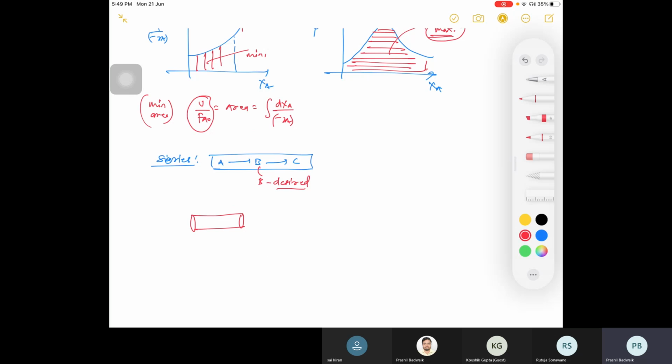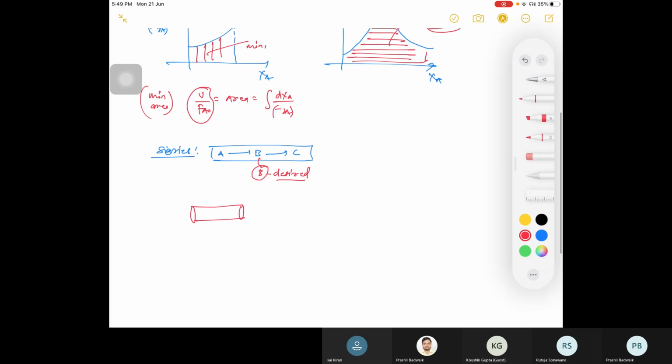If you are doing mixing in a series reaction, the concentration of your desired compound will decrease, and that's why you don't prefer to have remixing. So I told you different arrangements, where there should be turbulent flow or laminar flow, which is preferred, that we studied. So that was from the previous class.